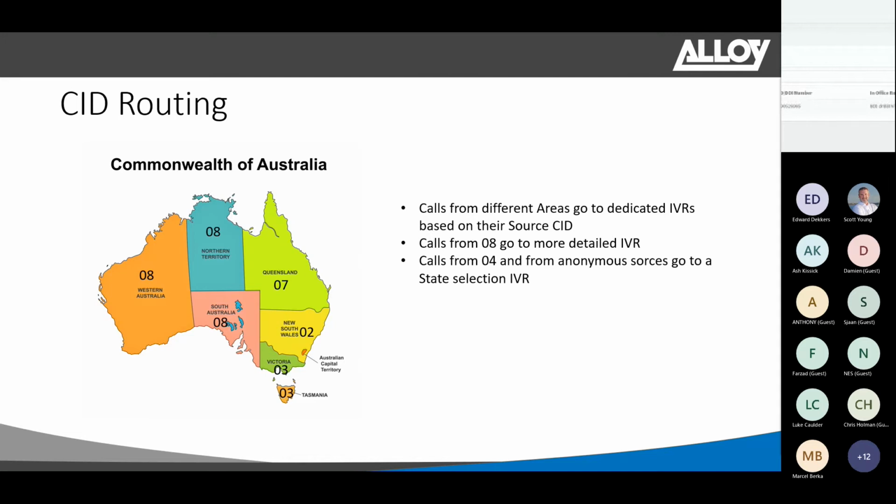And then we go into another IVR that offers them, based on the area which they've chosen, the option to get to sales, accounts, or tech support in, let's say, the Northern Territory. So it goes then to people who are located in that area.